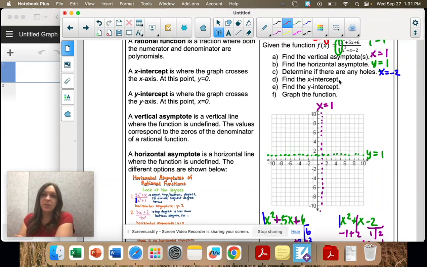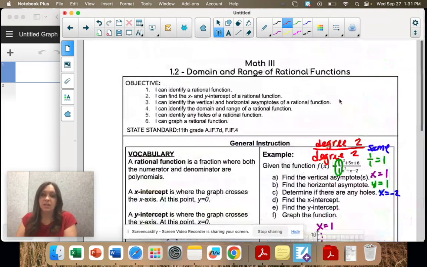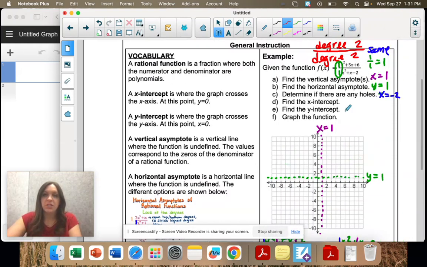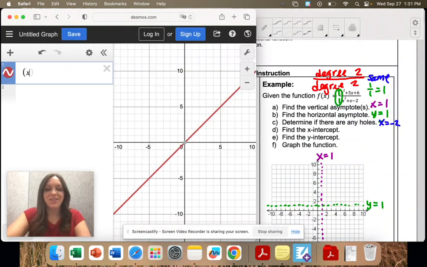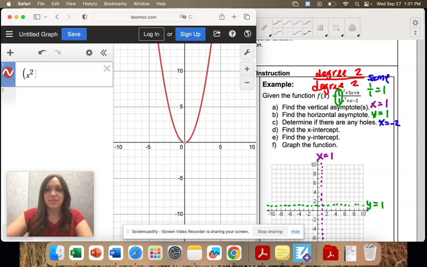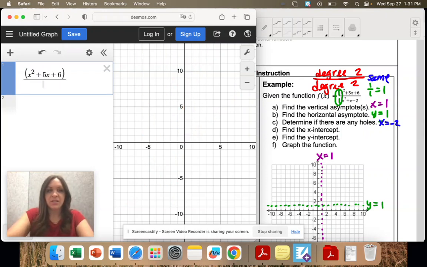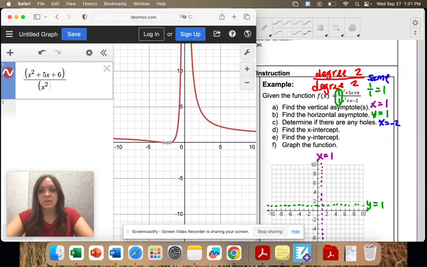So now we need to get some intercepts. So we do that by putting in 0 for x and y, or you can just graph it in a calculator. I'm just going to graph it and see if I can get them, just because I'm running out of room to write. So I have x squared plus 5x plus 6 divided by x squared plus x minus 2.